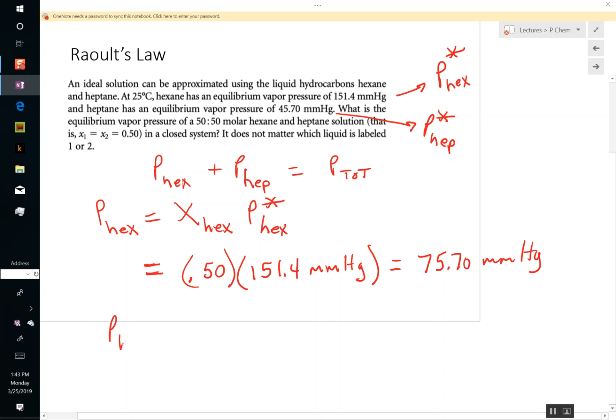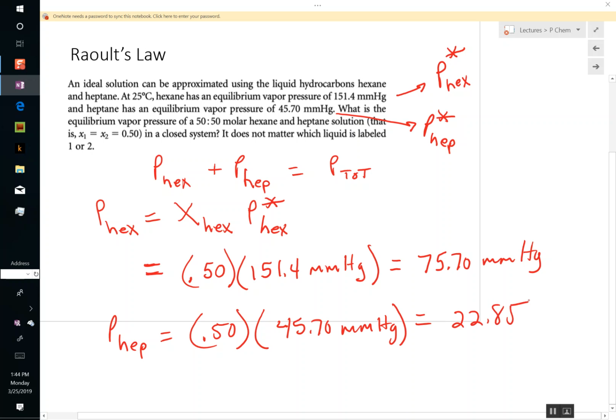And the vapor pressure of heptane? It's the same mole fraction. Yeah, 0.50 times 45.7, which is 22.85. So P total is the sum of those two.